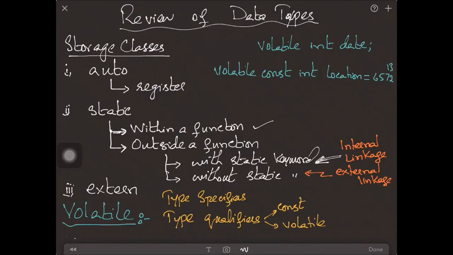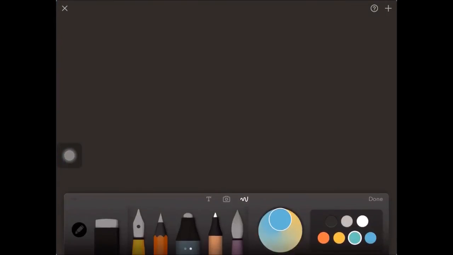Once given this type qualifier, this means that the value of the variable location cannot be modified by the program itself. However, it may be altered by another program. So these are some of the missing links I missed last time. Let me move on to the next board.